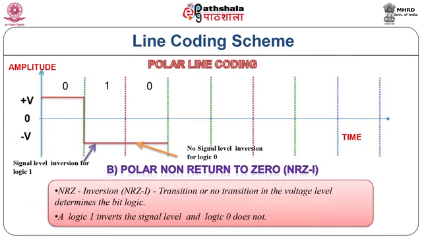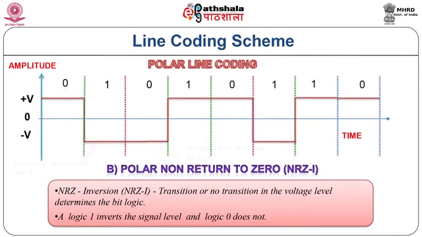When bit 1 arrives, the signal level is inverted as seen in figure. Figure displays the NRZ-I coding scheme for the binary data 0101, 0110. If sufficient numbers of logic 1 in the transmitted bit sequence is present, using NRZ-I, synchronization can be achieved between the transmitter and the receiver.